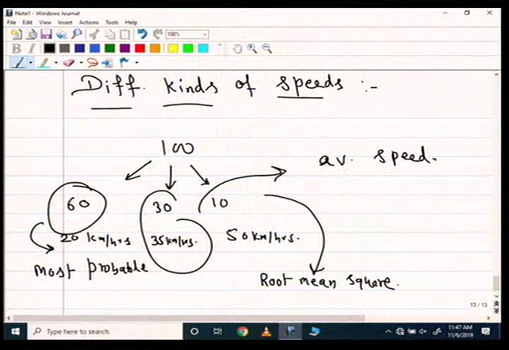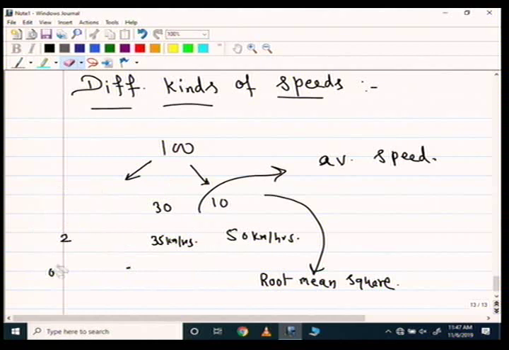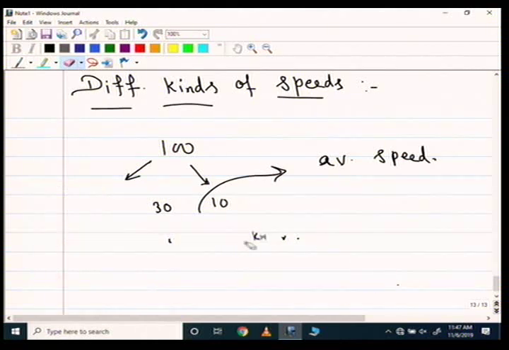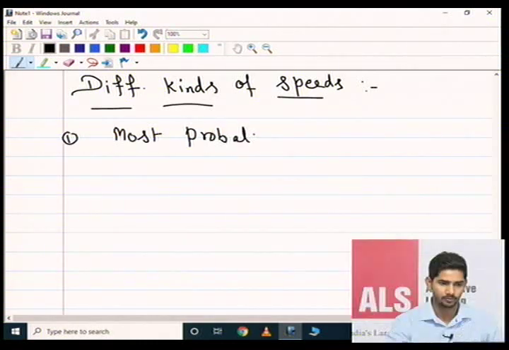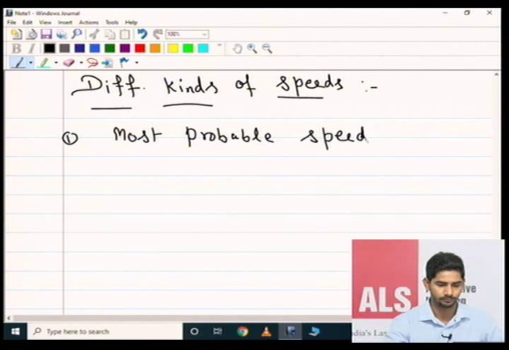Okay, I'm writing its definition right now. Just copy that definition, and if you still have any doubt, please ask me. First is most probable speed, represented by VMP.